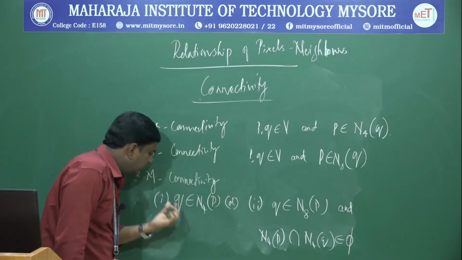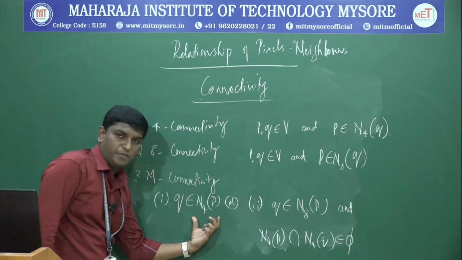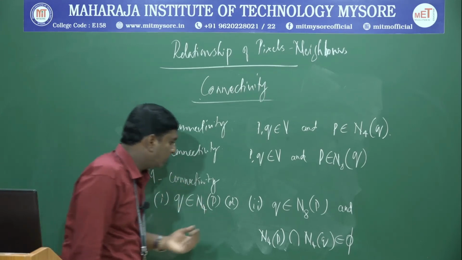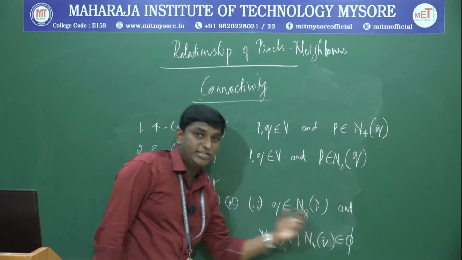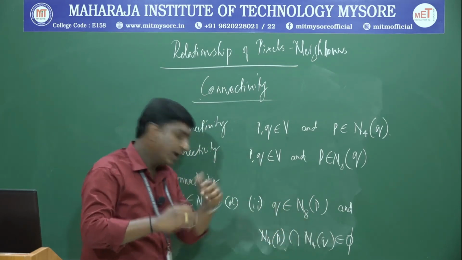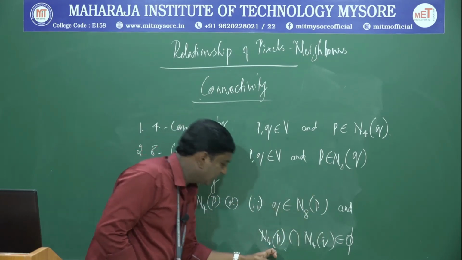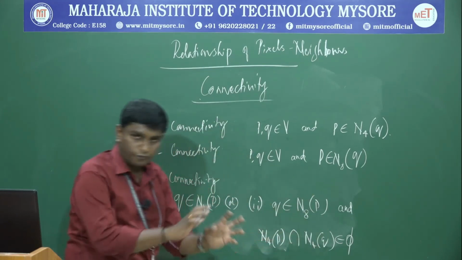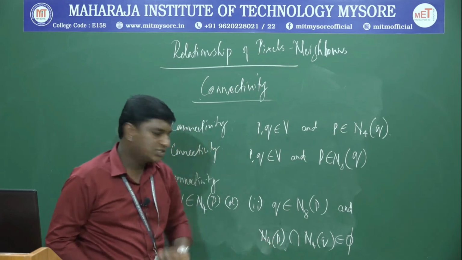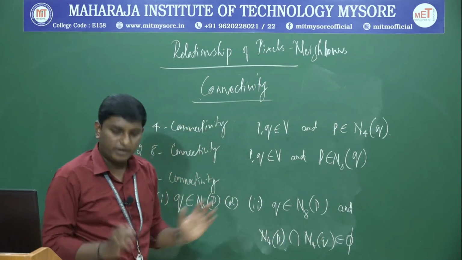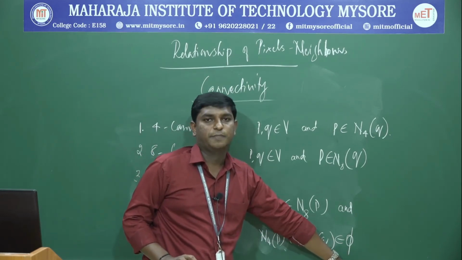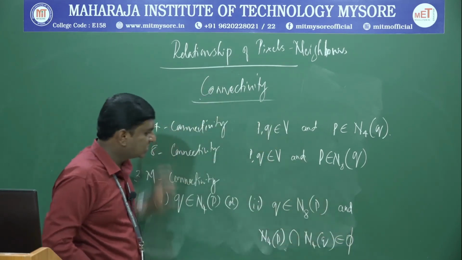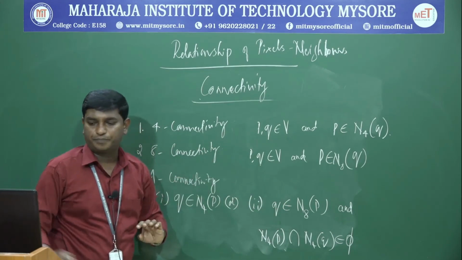Either Q should be a 4 neighbor pixel of P, or Q belongs to N8 of P, that is, diagonally connected, and N4 of P and N4 of Q, if I take the intersection of them, there should not be any available pixels. This one we will see with examples now.